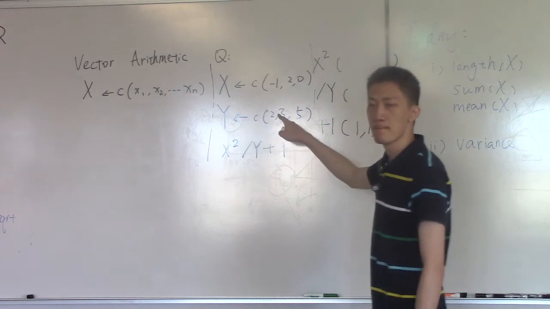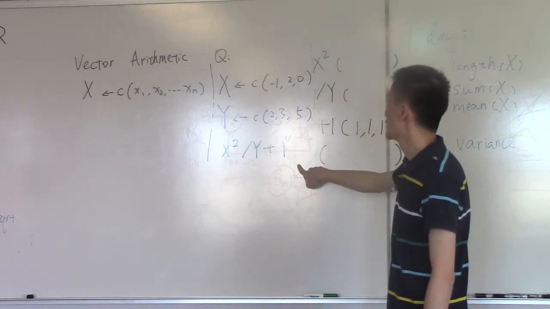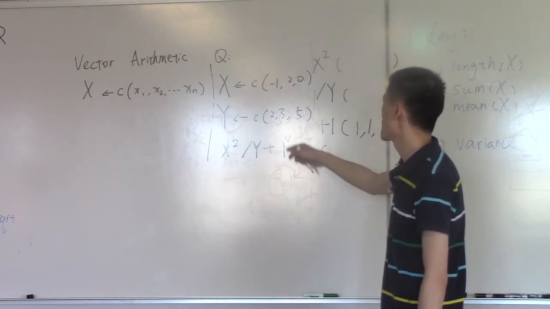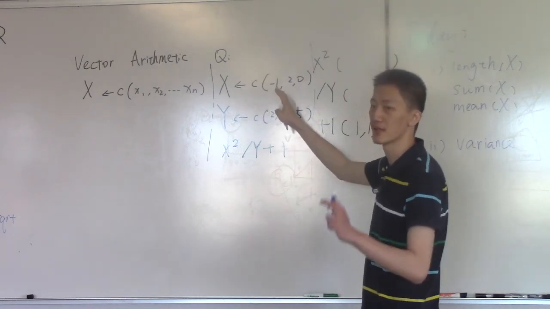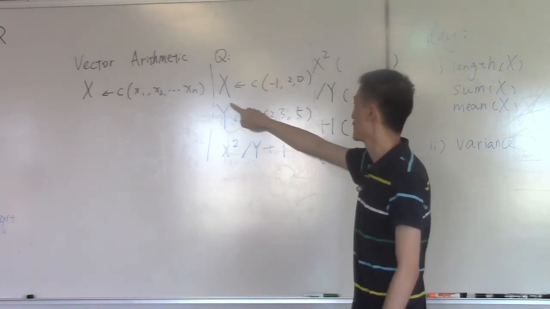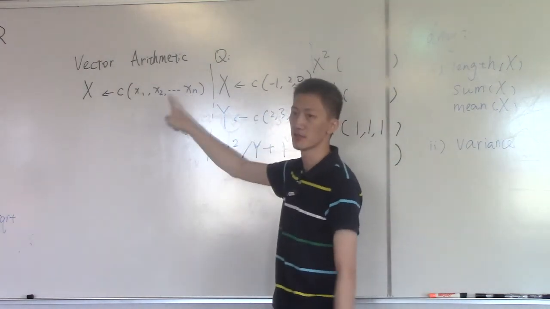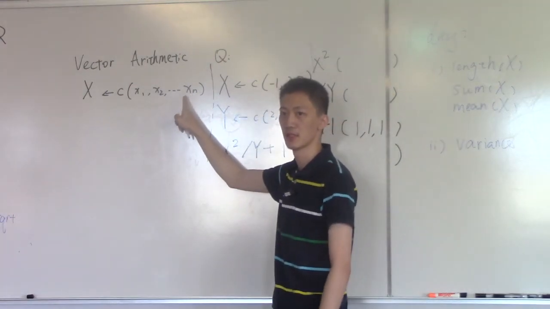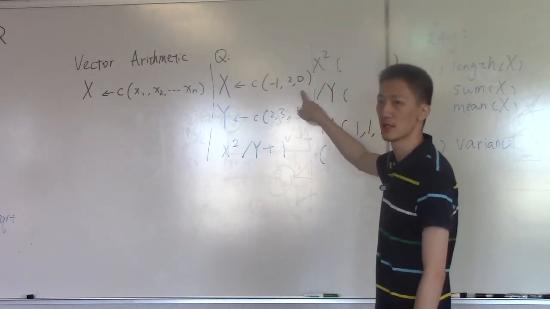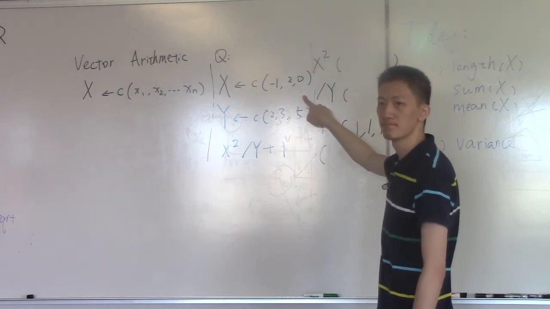And so those are just 3 values, minus 1 and 2 and 0 on the x-axis? You can think of it like you have 3 dimensions. It is a vector, and it has n components, so it has n dimensions. So here we have 3, and it has 3 dimensions.